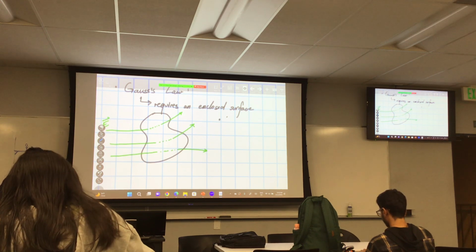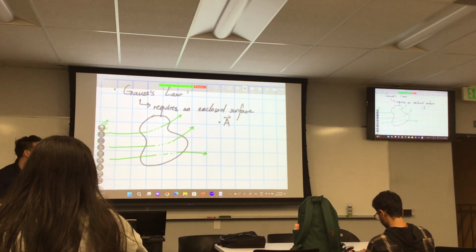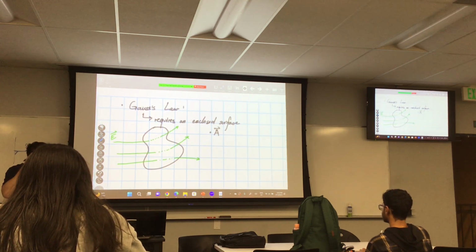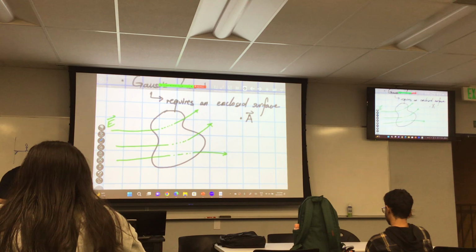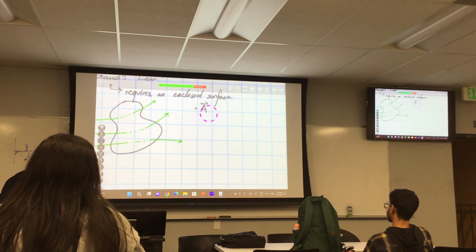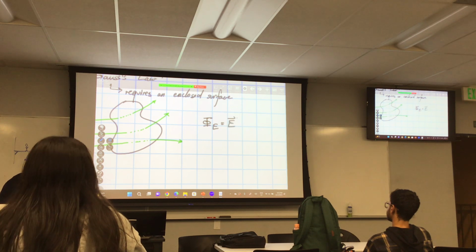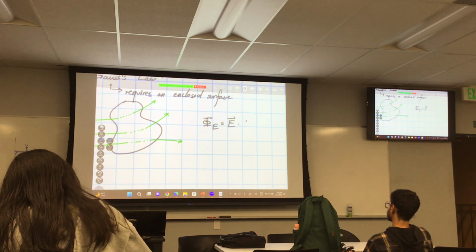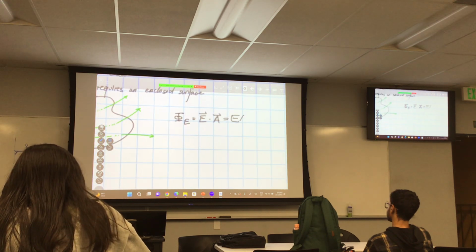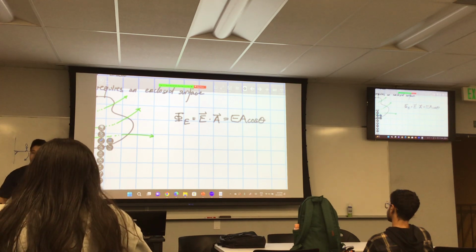Now we discussed that the area has a vector, and that is perpendicular to the surface itself. So actually, let me rewrite the equation so it's on the same page. So phi E is equal to E dot A. Remembering the dot product is simply the product of the two magnitudes times the cosine of the angle in between.